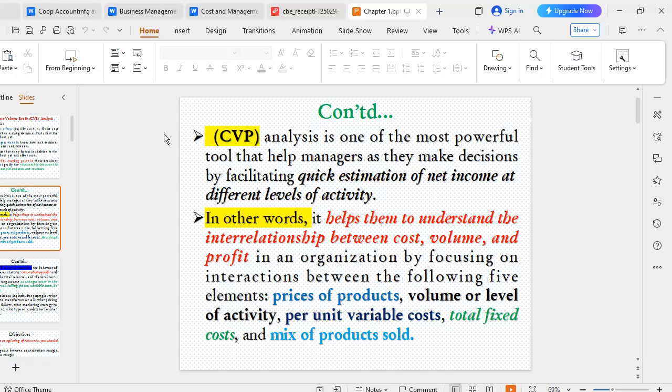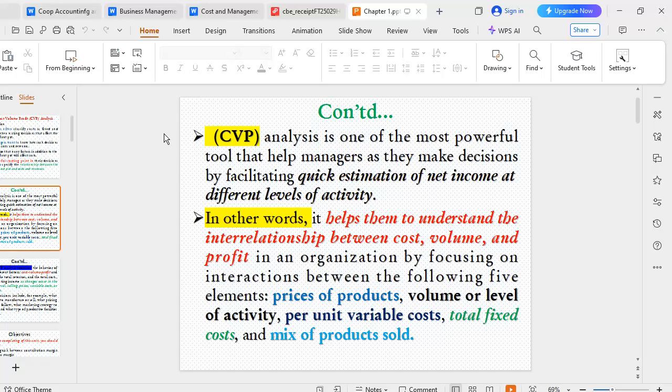That means, shortly, CVP is the interrelationship between cost, volume, and the profit in an organization by focusing on interactions between the following 5 elements. We focus on the price of the product, volume or the level of activity, per unit variable cost of the product, total fixed cost of the product, and the mix of the product sold. We will see those in detail.